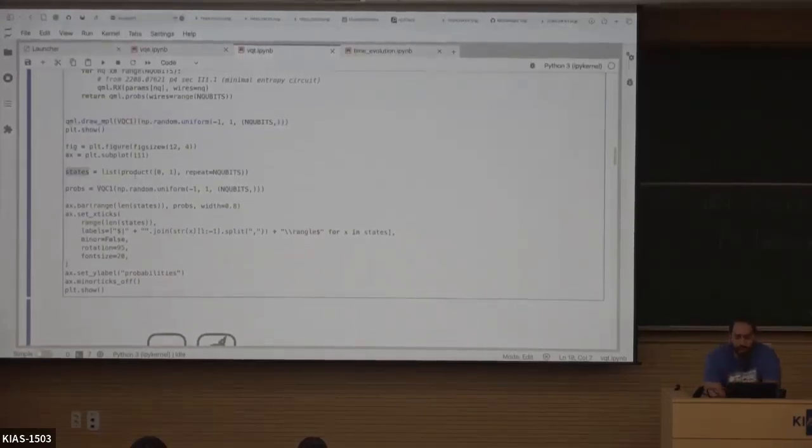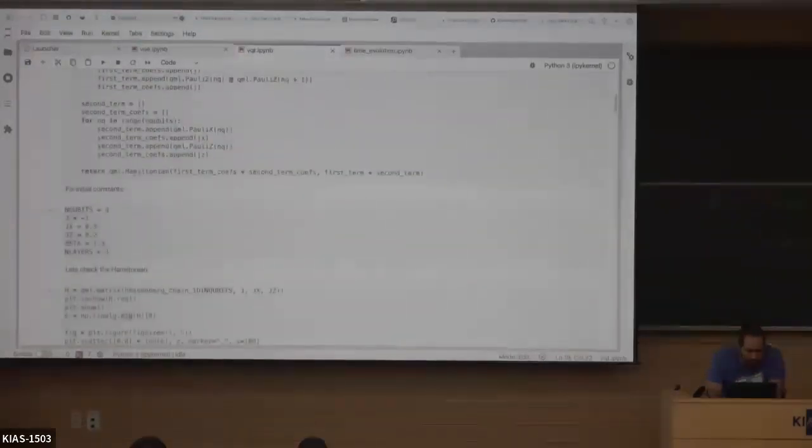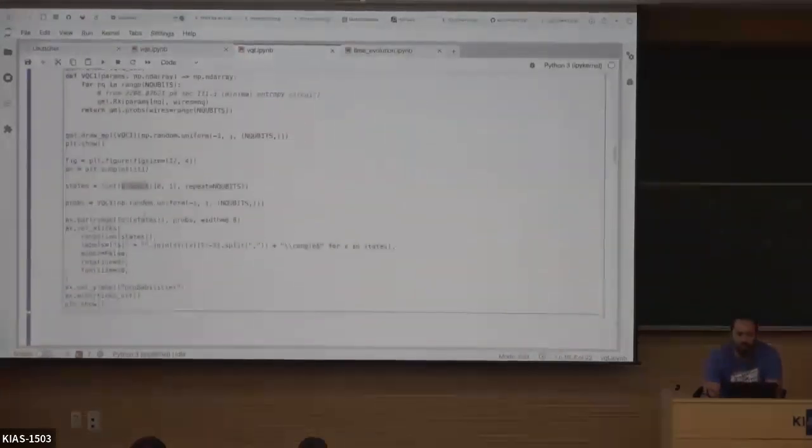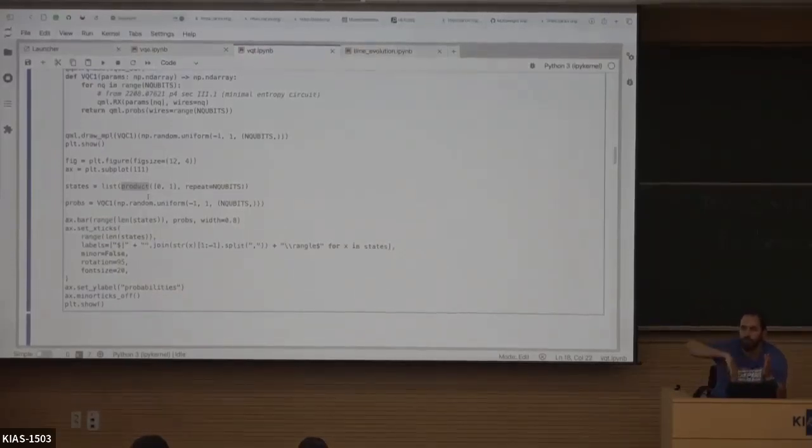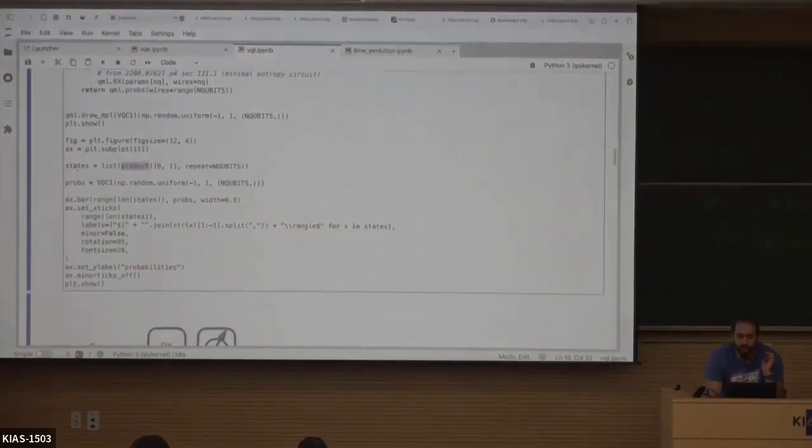I have 4 qubits, so this product function will scan all the possible initializations for the 4 qubit structure and show you the result. I'm going to calculate the probability of each qubit for every possible qubit initialization.